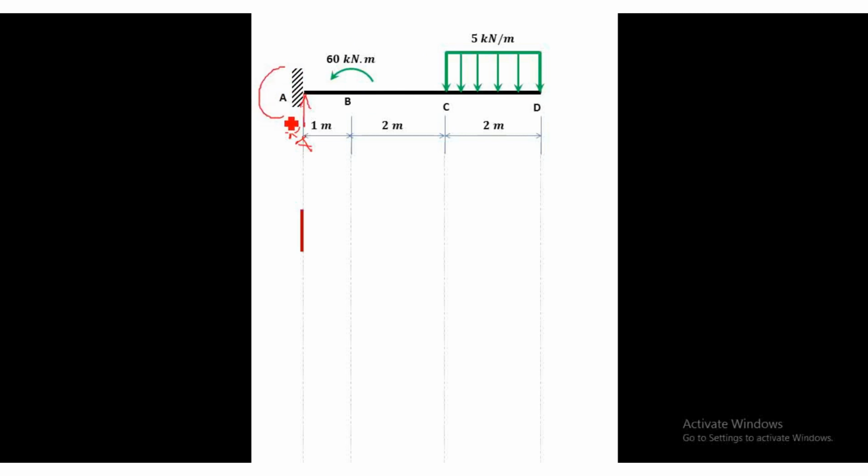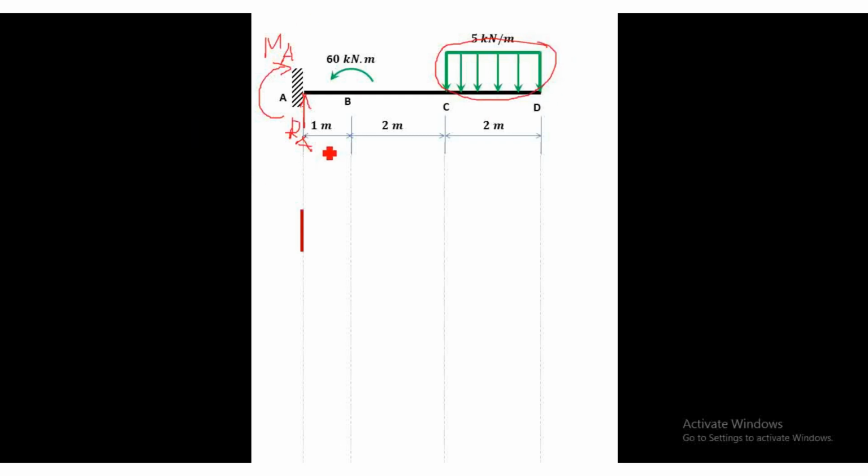Then there is a moment here. Meron akong value ni MA. Paano ko masosolve yung value ni RA at ni MA? Now, if I take summation of forces along the y-axis, RA, pataas, pababa ngayon itong distributed load na to.